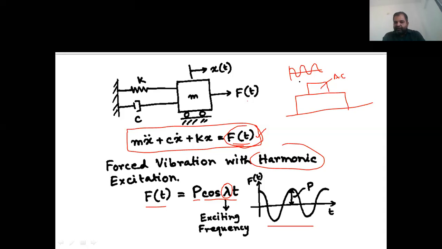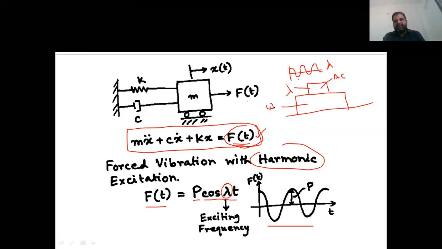And if you find the frequency of this, that is nothing but lambda. So this is the exciting or operating frequency of the machine. Whatever frequency I find for my foundation may be the natural frequency, because this is my structure.